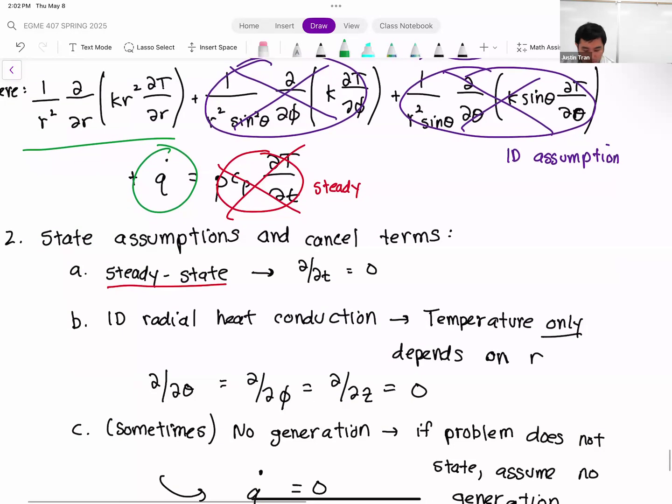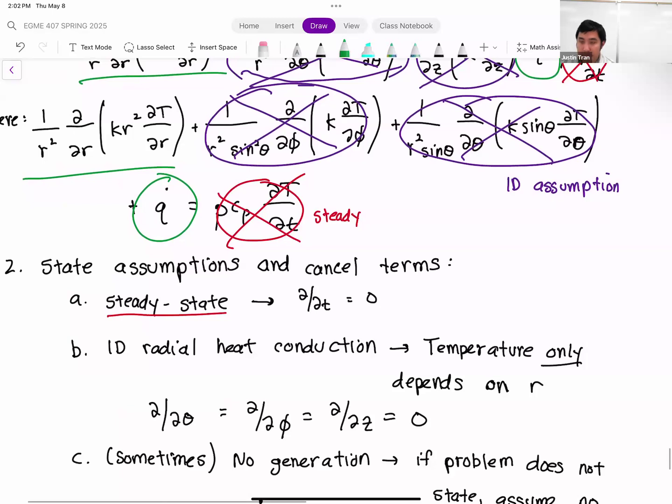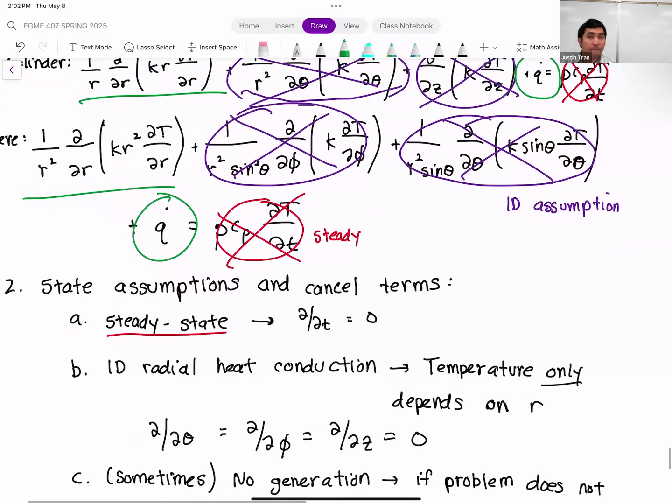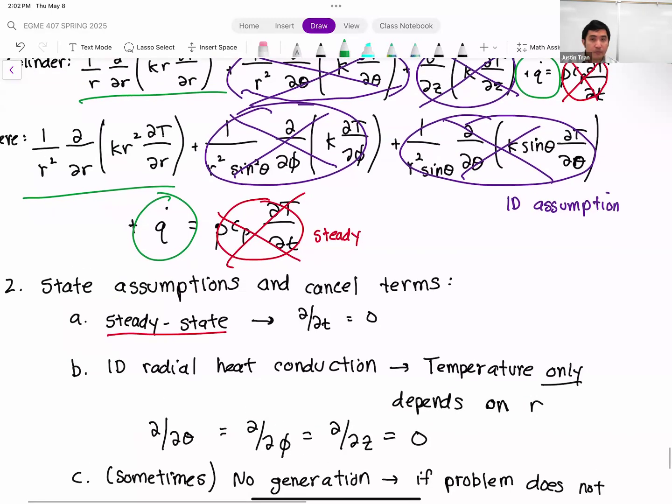All right, any questions on this so far? All right, so step 3. Once you have your heat equation and after you've simplified it with your assumptions, the next step is going to be to state the boundary conditions for your problem.